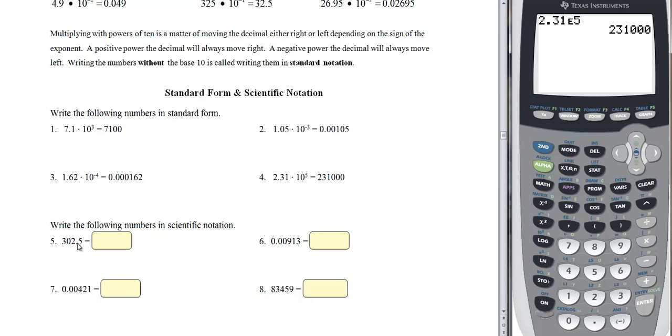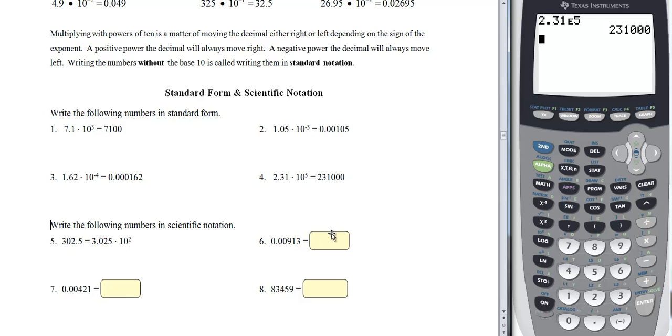Let's see this one. The decimal is coming from the positive side. Okay, so this should be 3.025 times 10 to the second. So on these, it depends on where it's coming from. This one's going to be coming from the negative side.